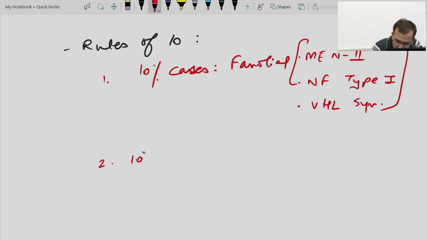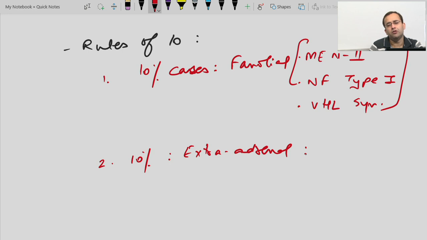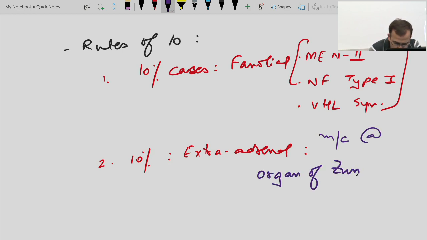Next point, in 10% of the patients they are extra-adrenal in nature. They occur outside the adrenal gland, with the most common site being the organ of Zuckerkandl.